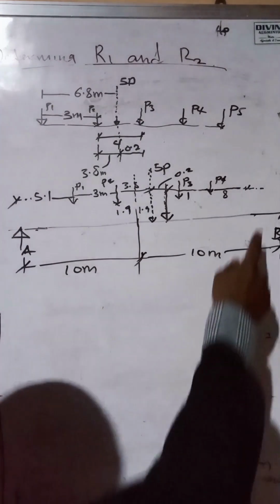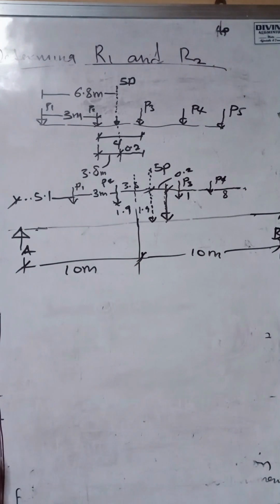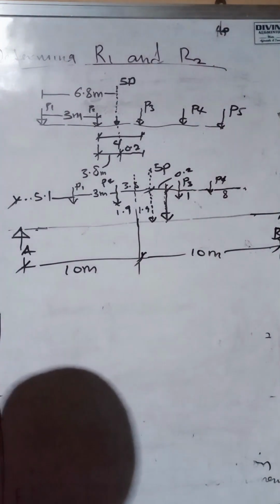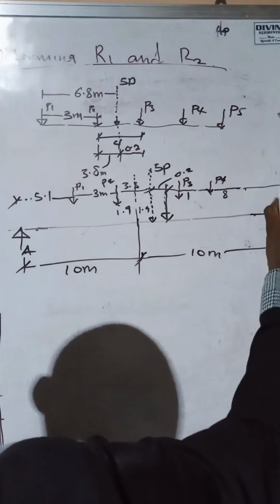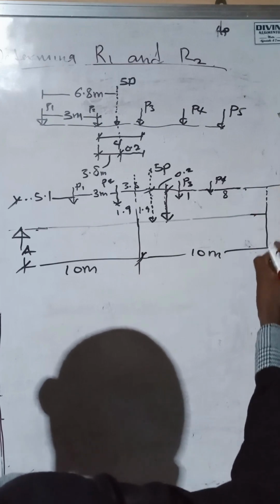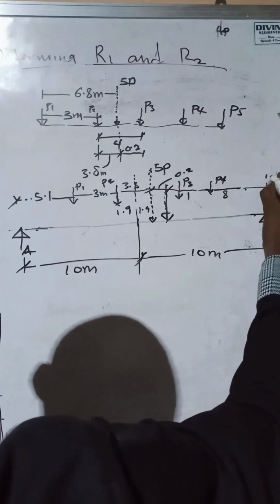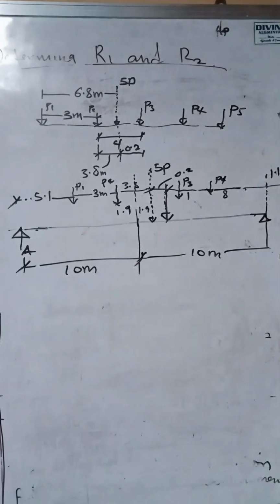Since we have 11.1 as against 10, it's already out of the beam by 1.1.